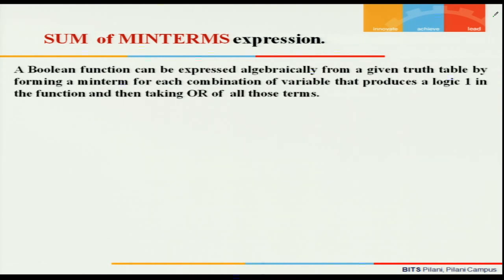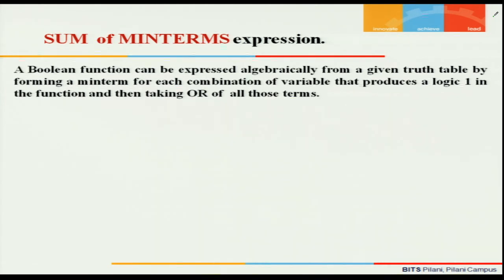As mentioned here, the sum of min terms expression is a Boolean function representation of a digital circuit. The circuit is represented as a sum of min terms expression, in which, if we plot the function of the digital circuit in a truth table with inputs and outputs represented in the table, we can look at the output column and see where the outputs are 1.